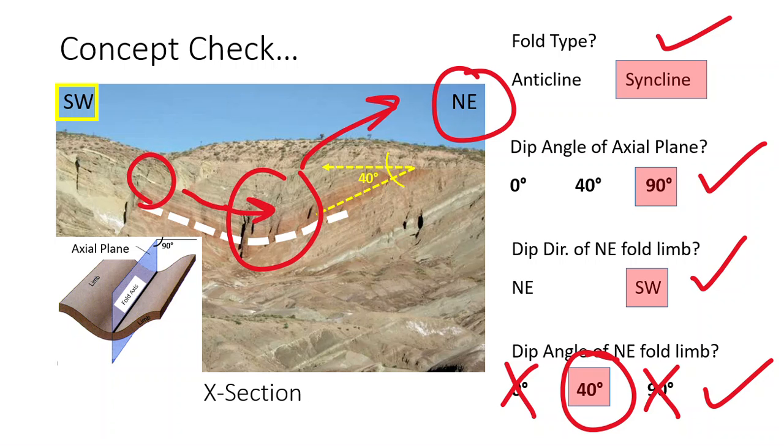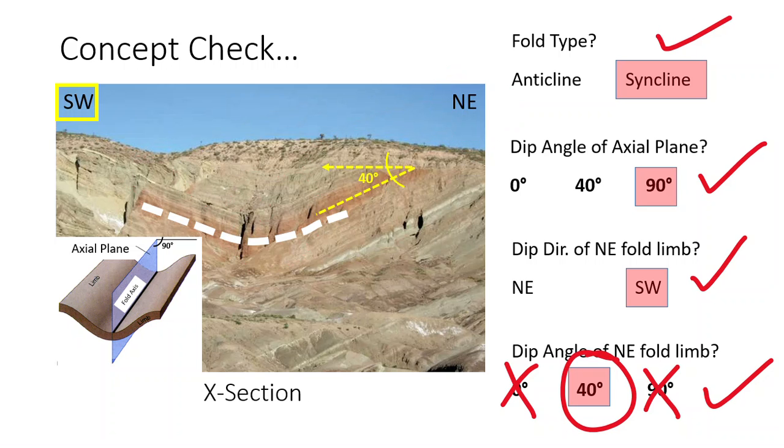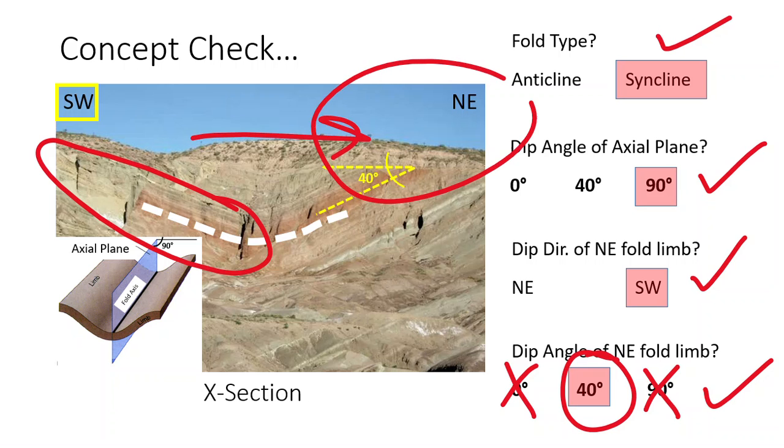It's rolling toward the northeast. So that is to say that in this case, the southwestern limb of this fold is dipping toward the northeast.